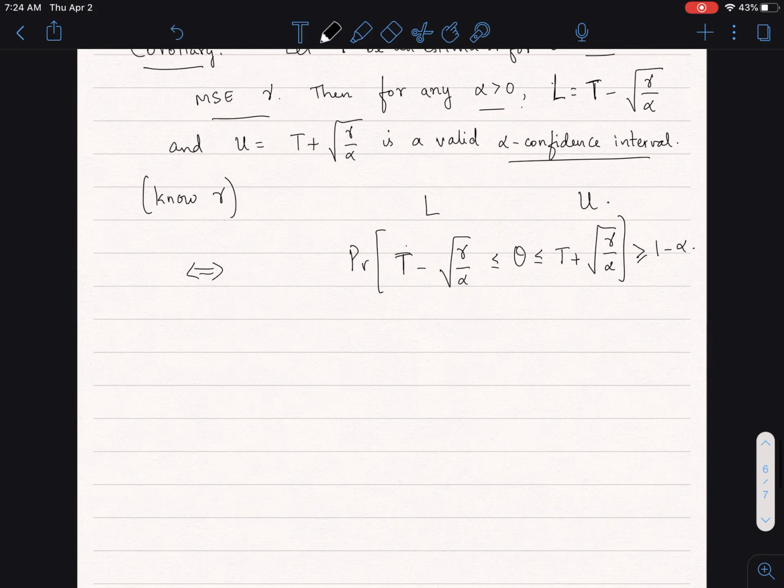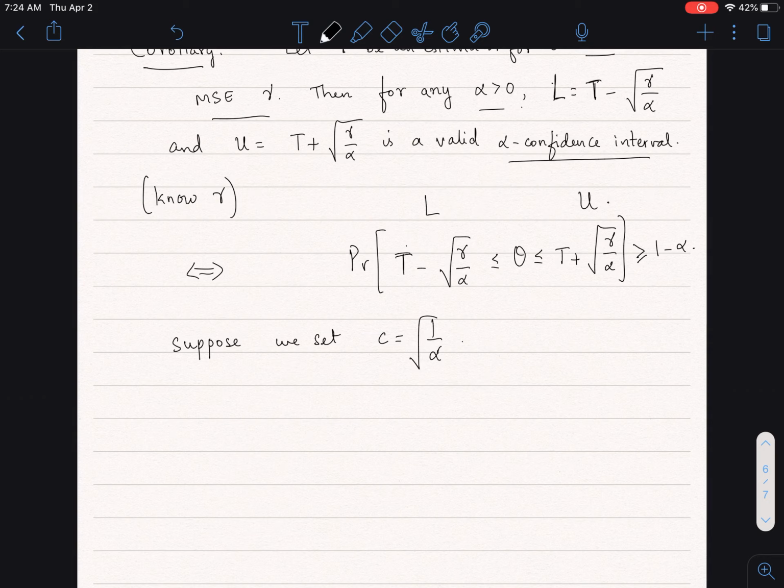So this is what we would like to claim, and this is actually true for a fairly simple reason. Just to see the equivalence, suppose we set C equal to root of 1 by alpha.